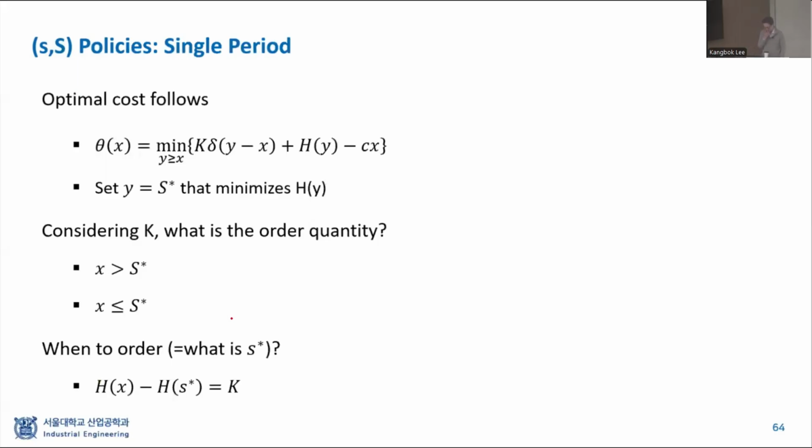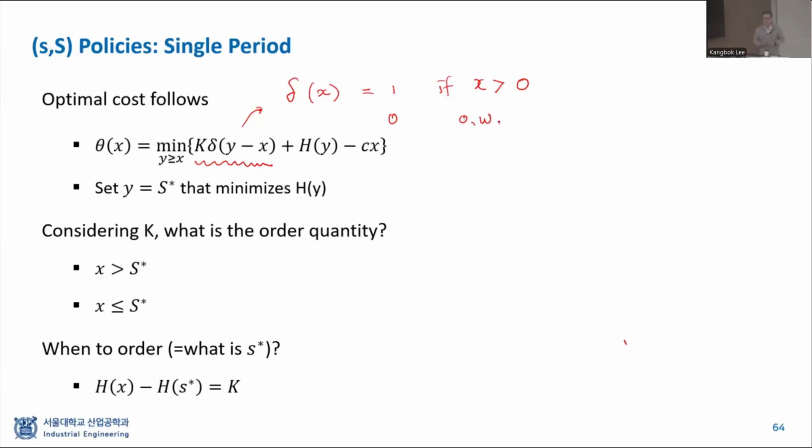We can just solve the one period problem. I'm not repeating it for the whole multi-period case, but now the difference is that we consider a new cost. What is it? This delta of x function is 1 if your x is positive, the Dirac delta, and it's 0 otherwise.